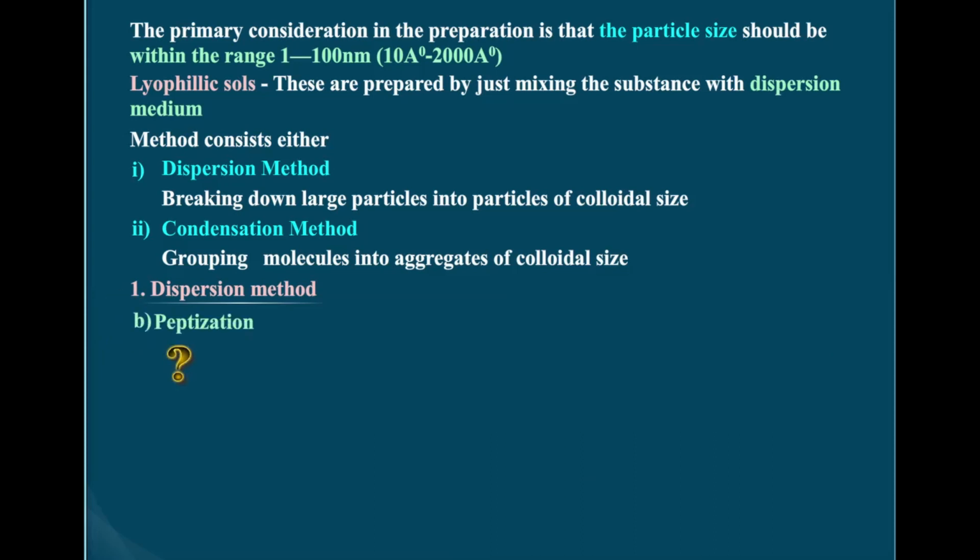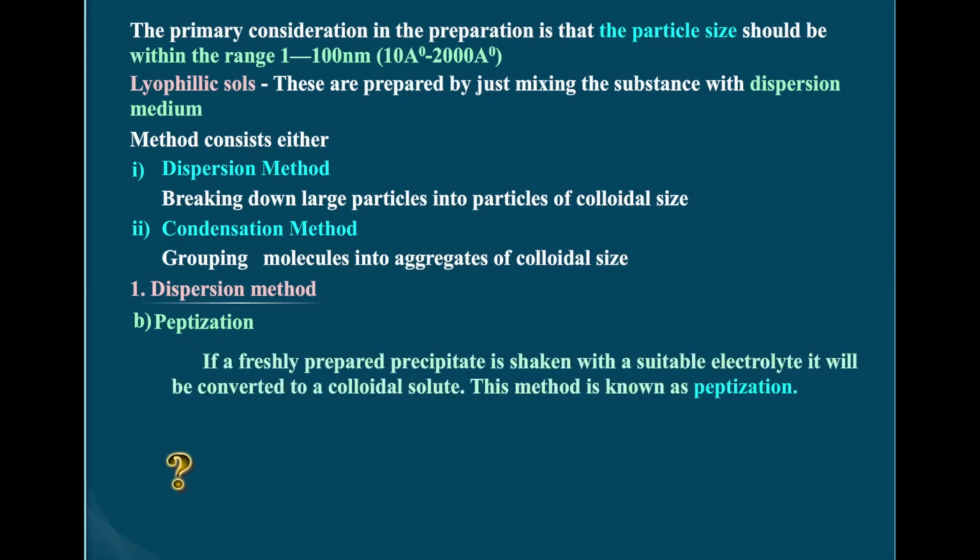The second method is the dispersion method itself. Second one, B, is peptization. Peptization is very important. Peptization may be defined as a process of converting a precipitate into a colloidal sol by shaking it with a dispersion medium in presence of a small amount of electrolyte.